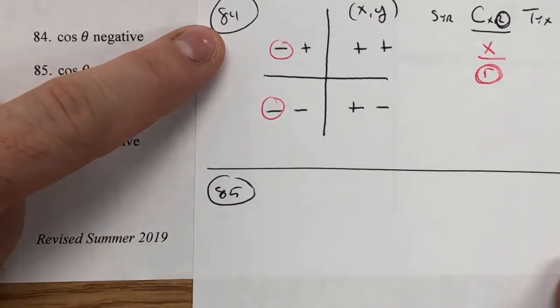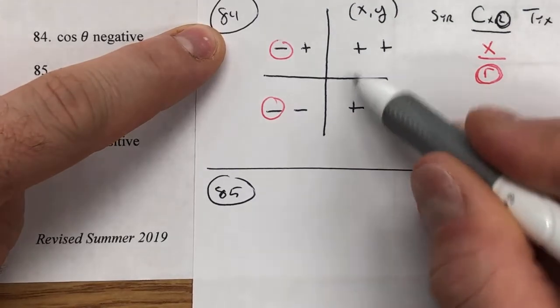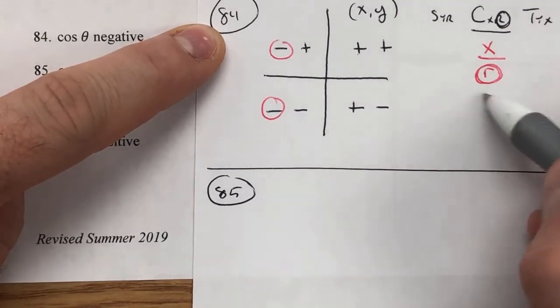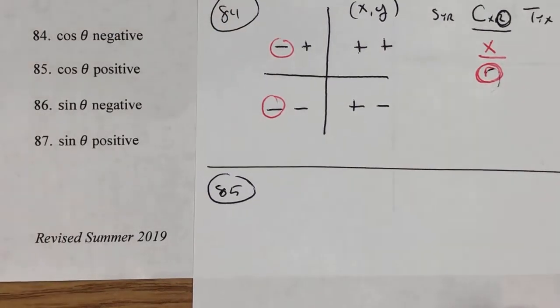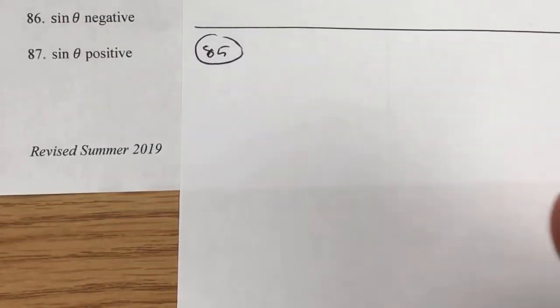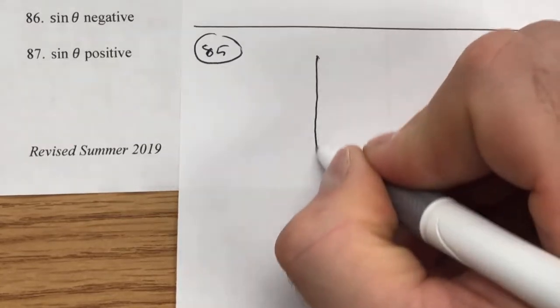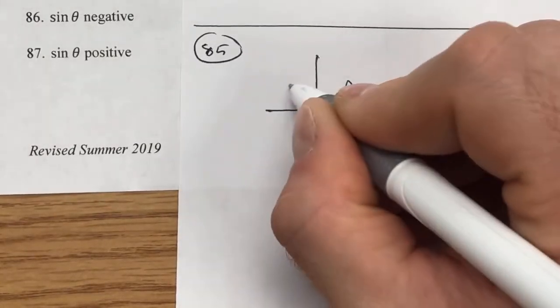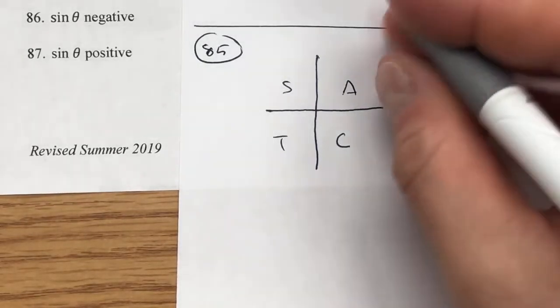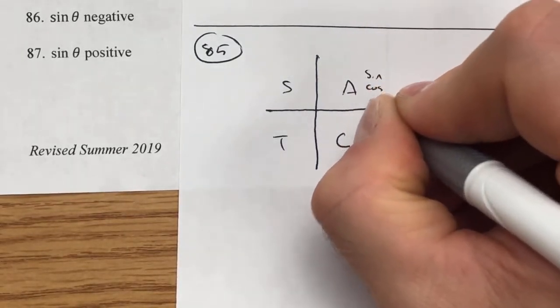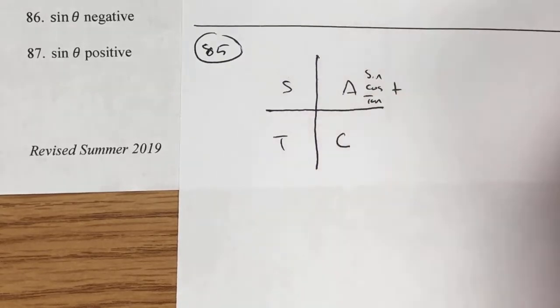85 is a very similar style problem, but it's when is cosine positive. If you like this method, we know that cosine is positive on these two quadrants because a positive divided by the always positive radius will yield a positive, so 1 and 4. Or a different way to look at it is you could remember the mnemonic device of All Students Take Calculus. In this quadrant, all the functions, sine, cosine, and tangent, are all positive.